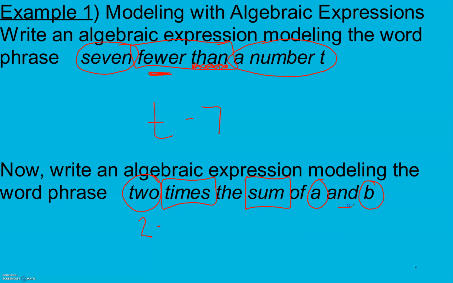Sum means we're going to add, but it also tells us that we're multiplying that entire sum, the entire thing that was added together. So that has to go in parentheses because we need to have that sum before we can multiply. And according to PEMDAS, we'd have to multiply first. So we have to put it in parentheses so that a plus b comes before the multiplication. So 2 times the quantity, or the sum, a plus b.